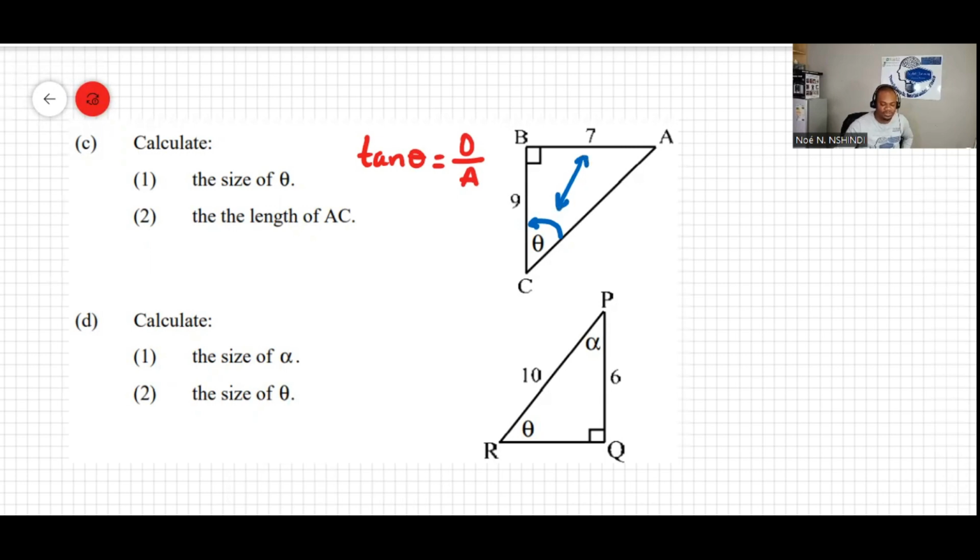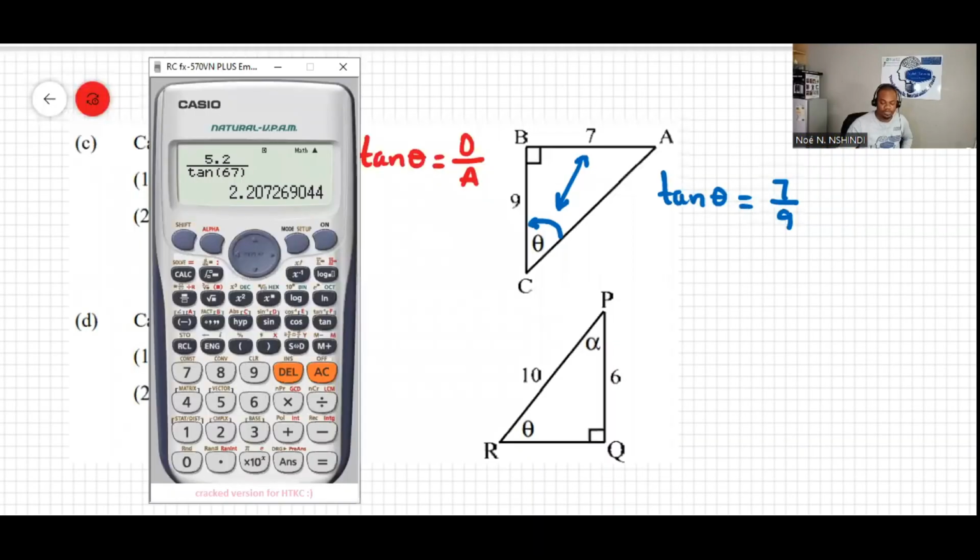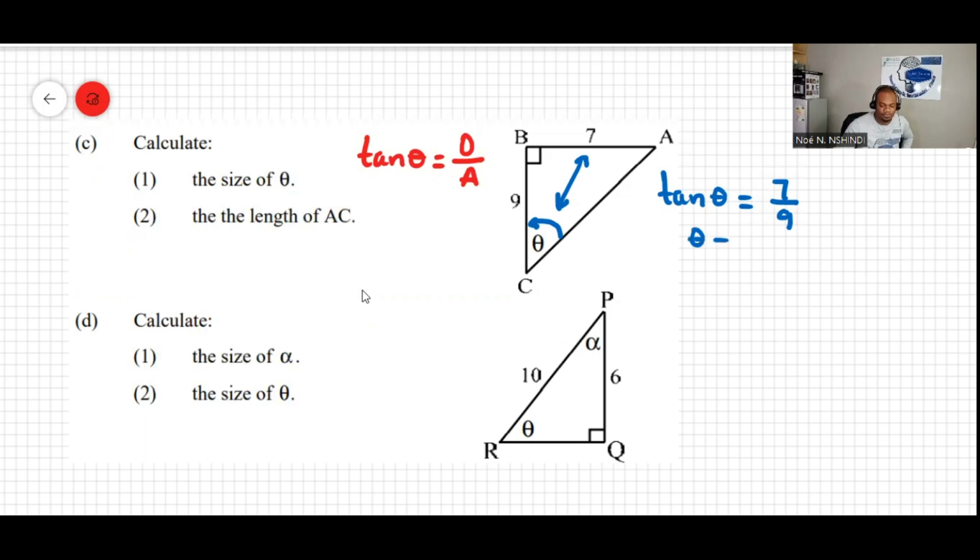So tan of theta will be equal to 7 over 9. If we need to find the angle theta, we can say that theta will be equal to tan minus 1 of 7 over 9.